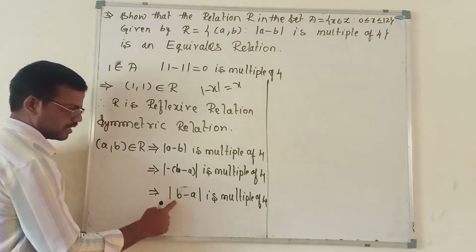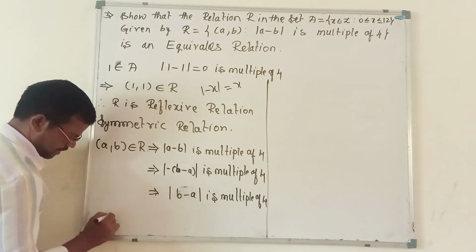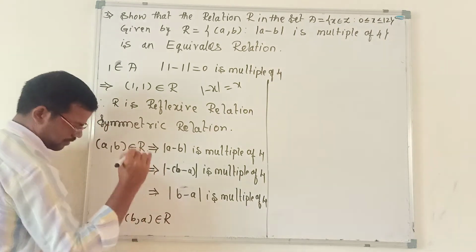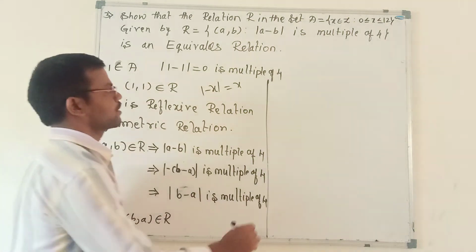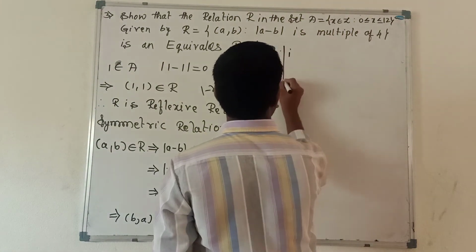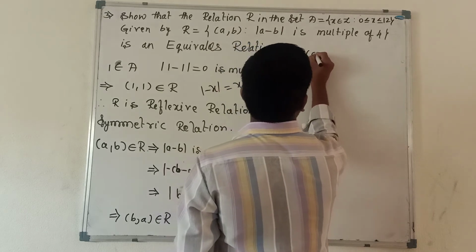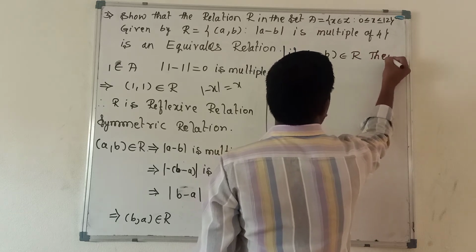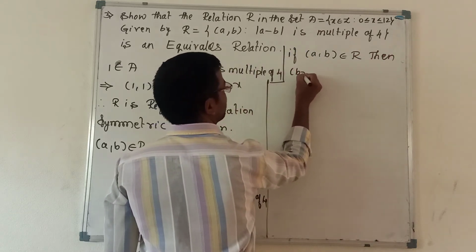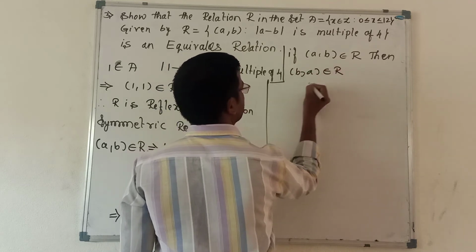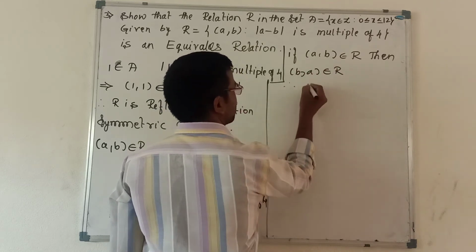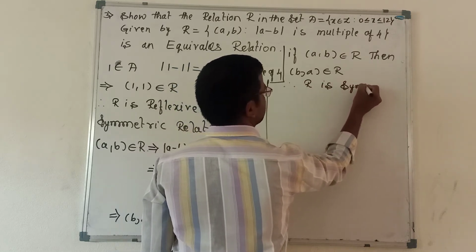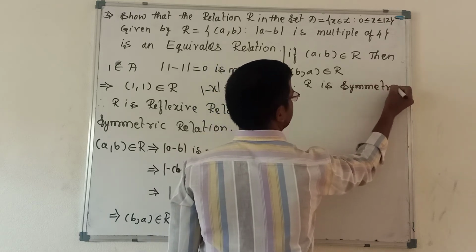If B minus A is a multiple of 4, it implies that B comma A belongs to R. So if A comma B belongs to R, then B comma A belongs to R. Therefore, we can say R is symmetric.